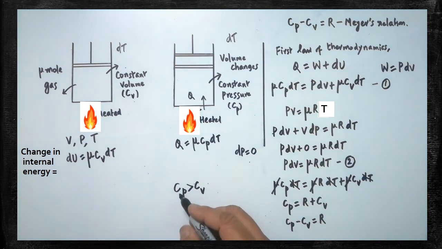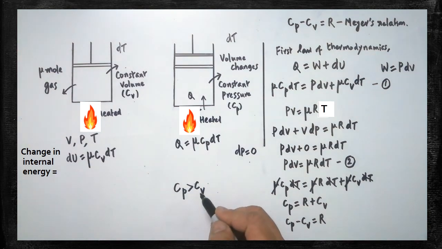Basically C is the molar specific heat capacity at constant pressure, and this is the molar specific heat capacity at constant volume. One more factor is called, simply, the specific heat capacity at constant pressure, Sp. That is also greater than Sv, the specific heat capacity of the gas at constant volume.